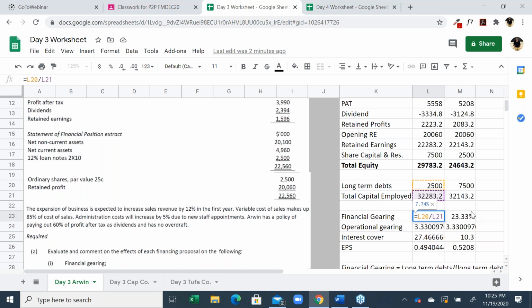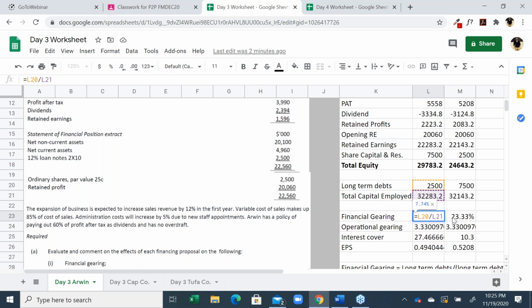Tell me, moving from equity finance to debt finance, will this increase the financial risk of the company? Yes. So with the debt finance, the financial risk of the company will increase. That's for sure.